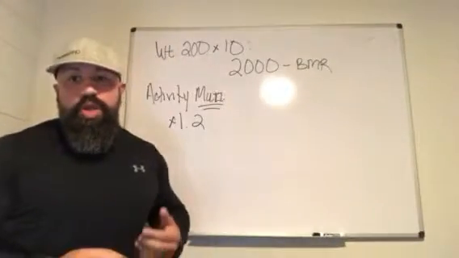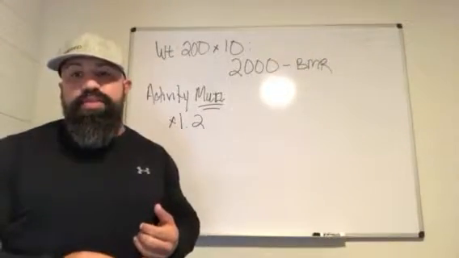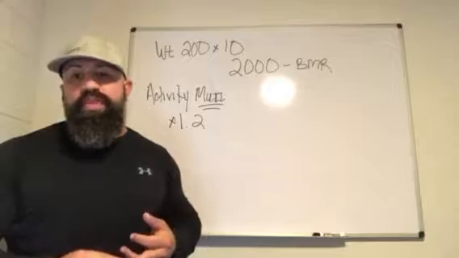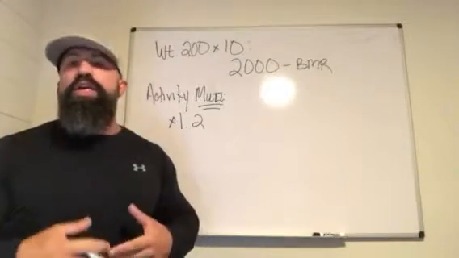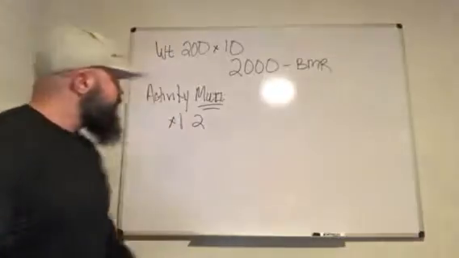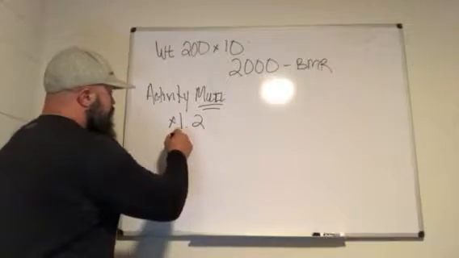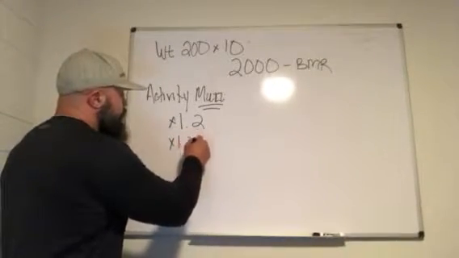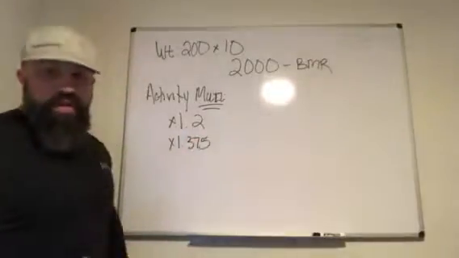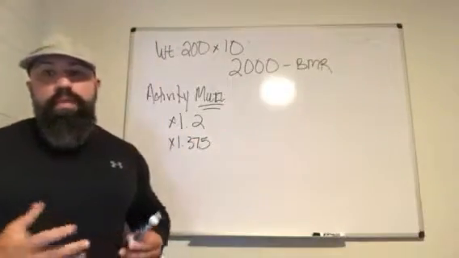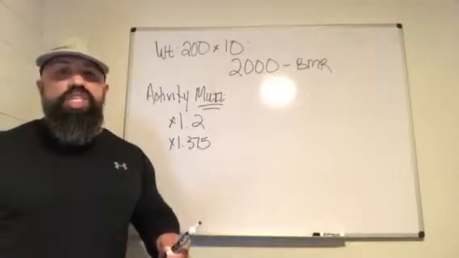Okay? For light exercise, leisurely walking, 30 to 50 minutes, 3 to 4 days a week, golf, housework, stuff like that, you're going to multiply it by 1.375.